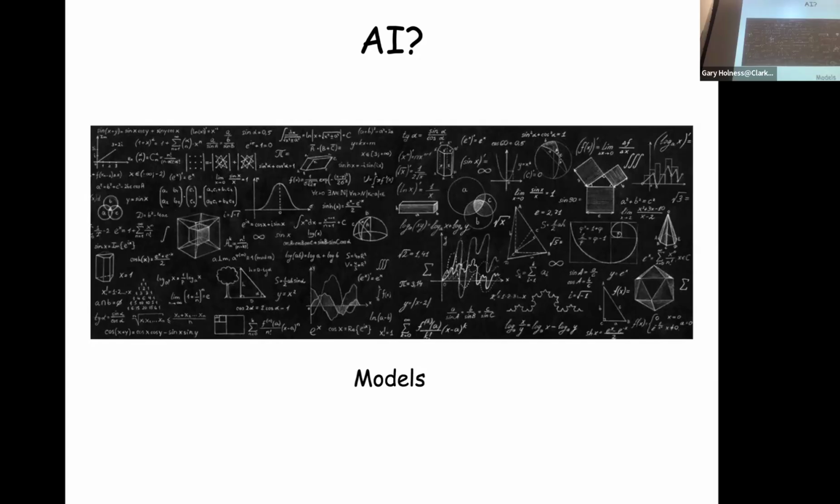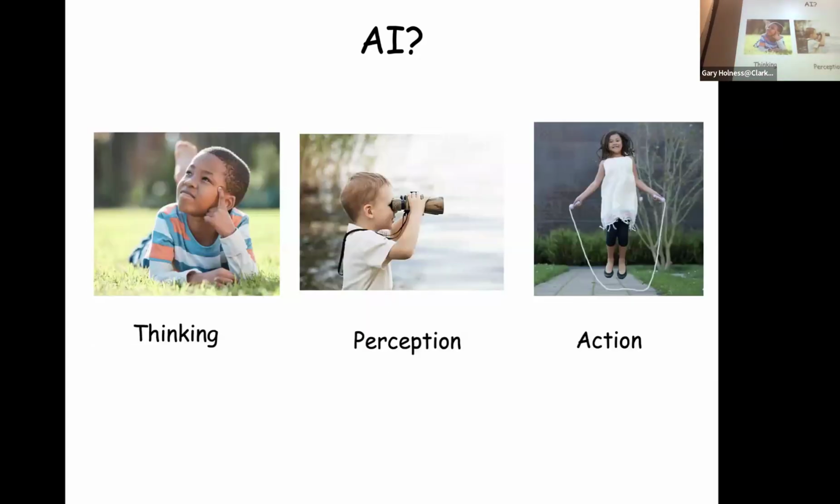So AI involves models. Now, not just any models. These models are for the purpose of creating programs or mechanizations, algorithms that can do thinking, perception, and action. Now, when we talk about action, it's not just a physical action. It could be a software action.